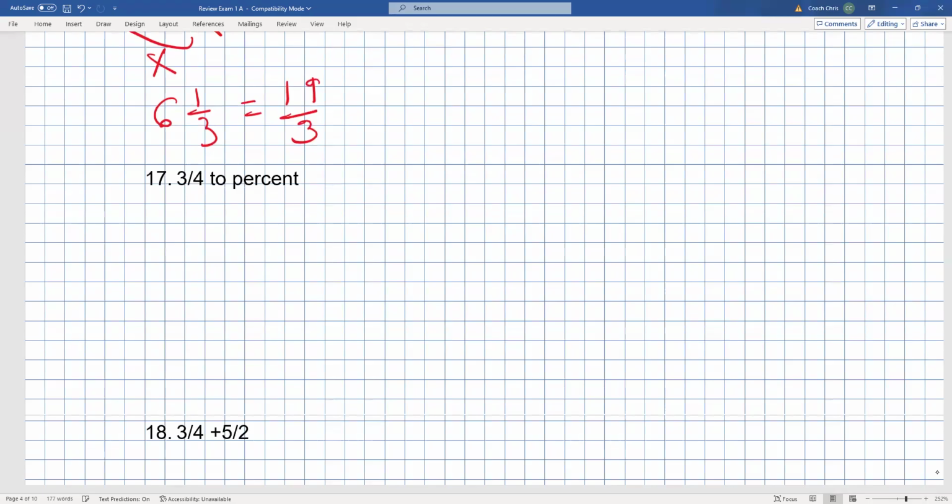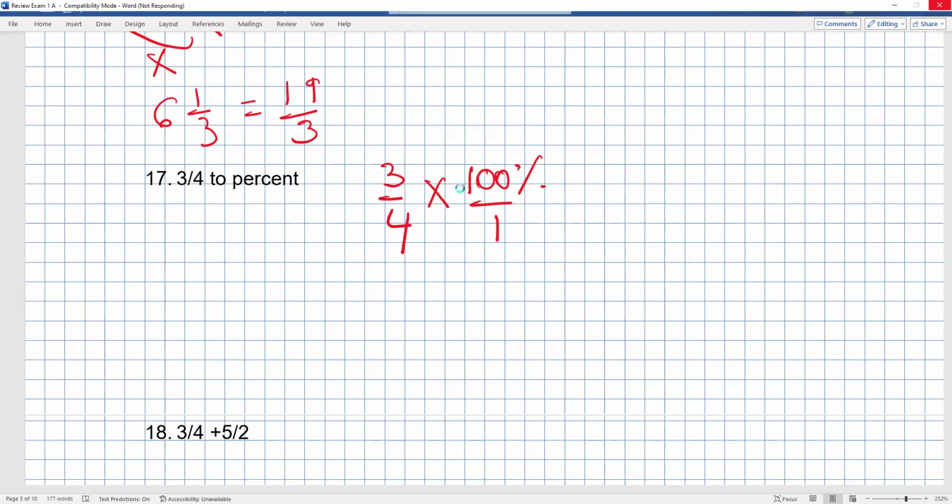3/4. They say convert 3/4 to a percent. We learned that to convert any number to a percent, you have to multiply that by 100%. This is a case of a fraction multiplied by a whole number. Go ahead and put 1 over 100%, so you don't get mixed up, then multiply 100 by 3 over 4.